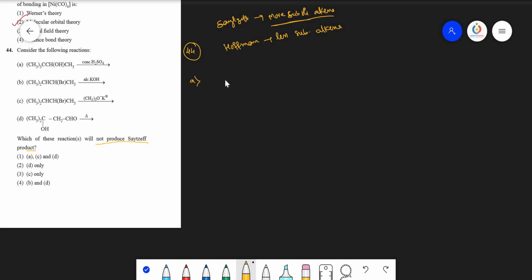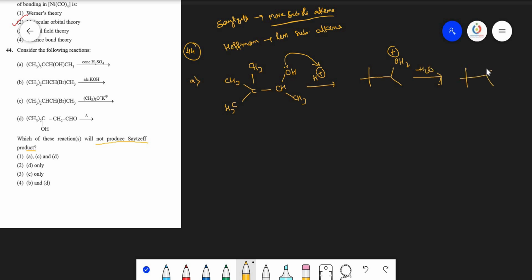So first one, option A. In option A they had given CH3 connected to another CH3, meaning I am elaborating the structure here: CH3 and CH, OH, CH3. This is treated with concentrated H2SO4, so H plus ion. Initially protonation takes place here and afterwards an H2O molecule is removed. So OH2 plus is formed, and the water molecule is eliminated. Next, a carbocation is formed.